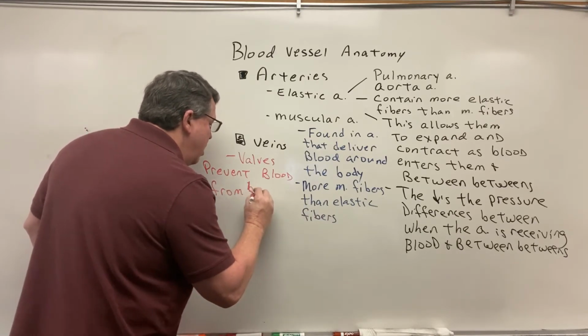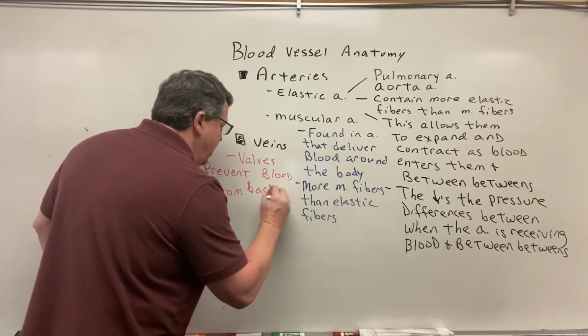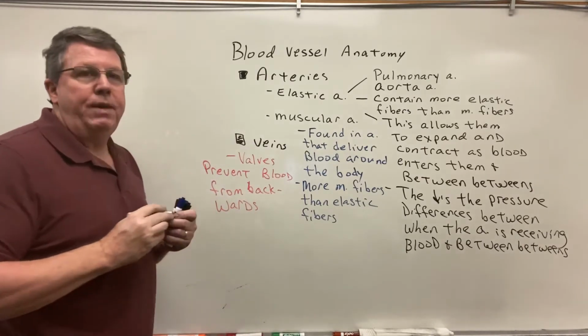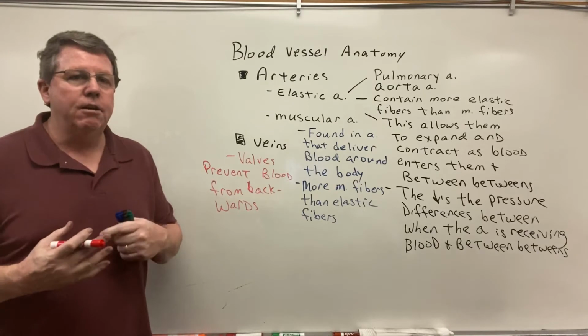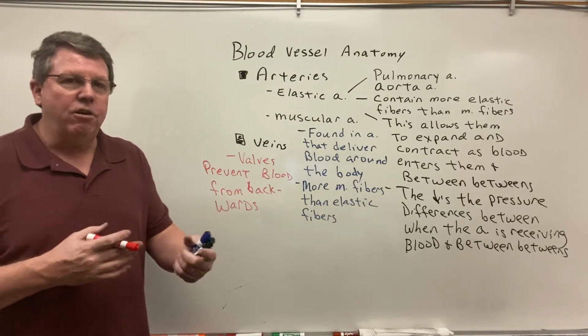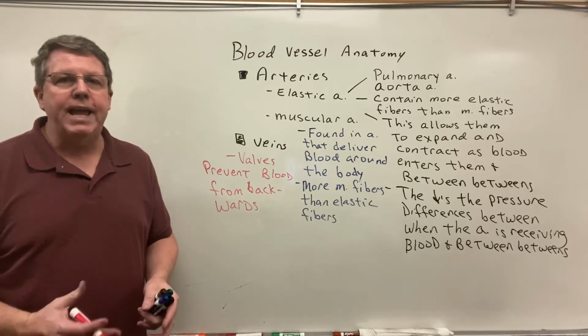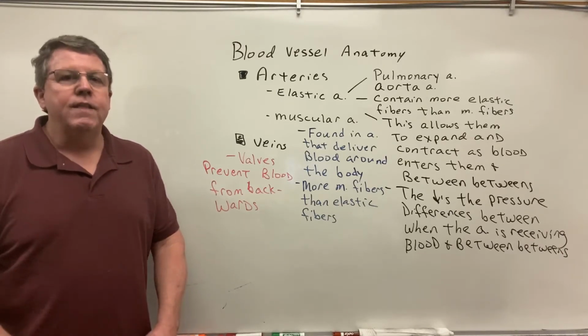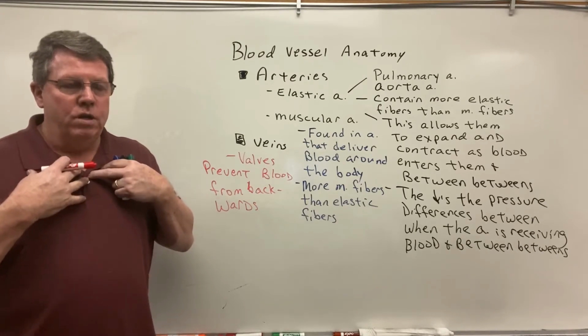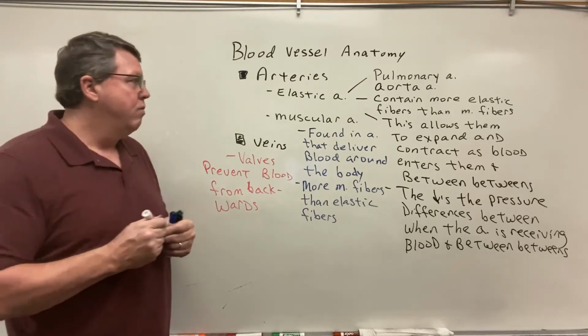I'm going to put backwards as a hyphenated word. What I mean by that is you got to figure veins carry blood back to the heart. Because they carry blood back to the heart, we have veins all the way down in our feet that have to carry the blood all the way back up to our heart. So there's valves in there.